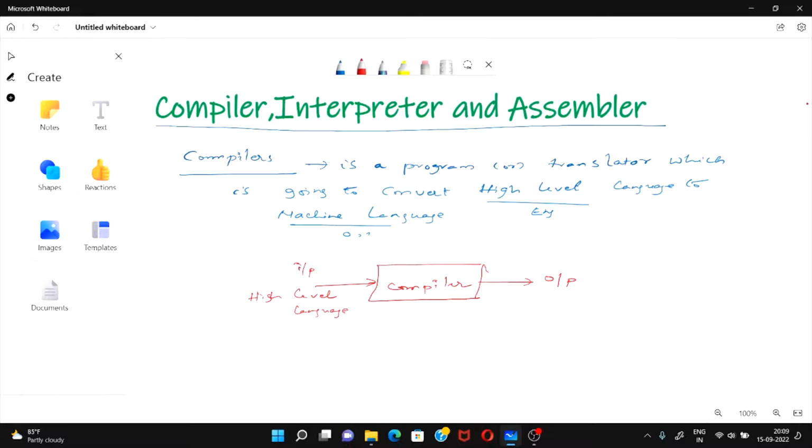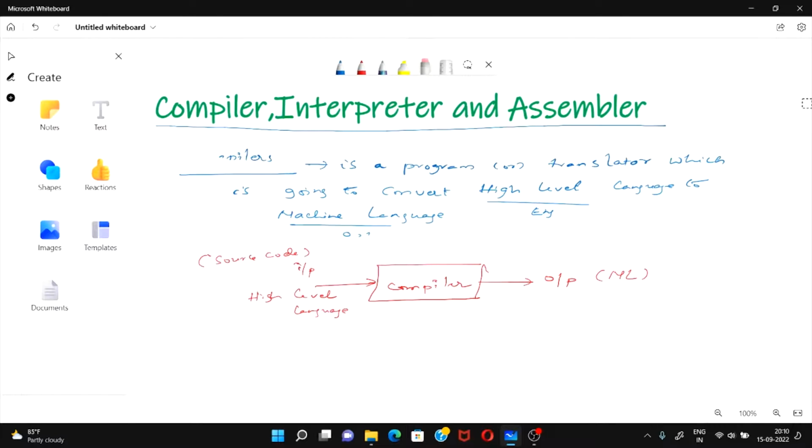It takes an input as a high level language, which is also known as source code. And it is going to convert it to a low level language. So that is your machine language. Right? So simply the compilers are used to convert high level language to machine understandable language. So it takes input as a source code and it produces the output as a machine code or a target code.